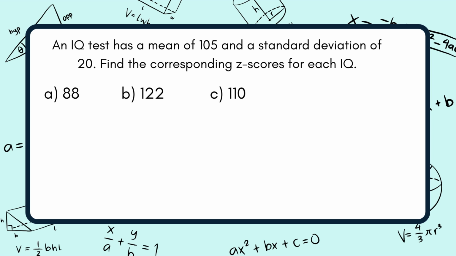For example, an IQ test has a mean of 105 and a standard deviation of 20. Find the corresponding z-scores for each IQ. We will find the corresponding z-scores for all the mentioned IQs here, which are 88, 122, and 110.